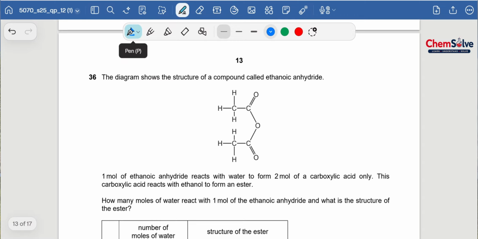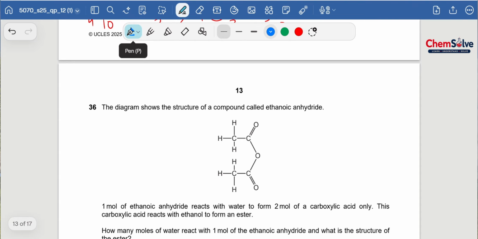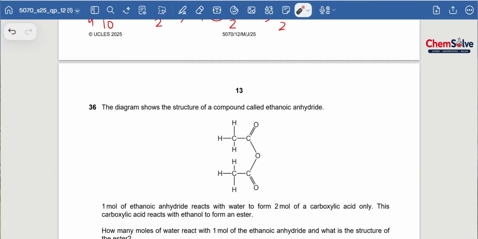Okay, so question number 36. The diagram shows the structure of the compound called ethanoic anhydride. 1 mole of ethanoic anhydride reacts with water to form 2 moles of carboxylic acid only. Okay, so we have to do the hydrolysis of this. You can see there are 2 ester groups.